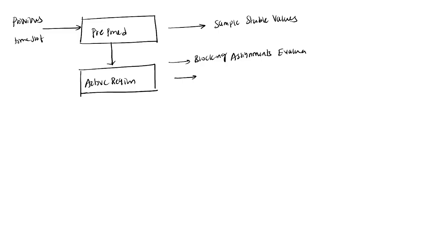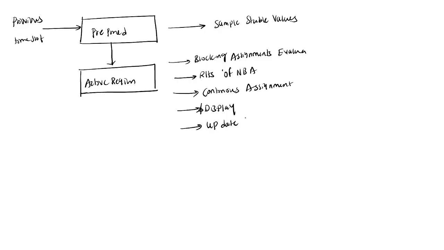RHS of NBA, non-blocking assignments, will be evaluated, and continuous assignment statements will be evaluated, and it will update the inputs. $display statements will be executed, and it will update the primitives. And next you have the inactive region.